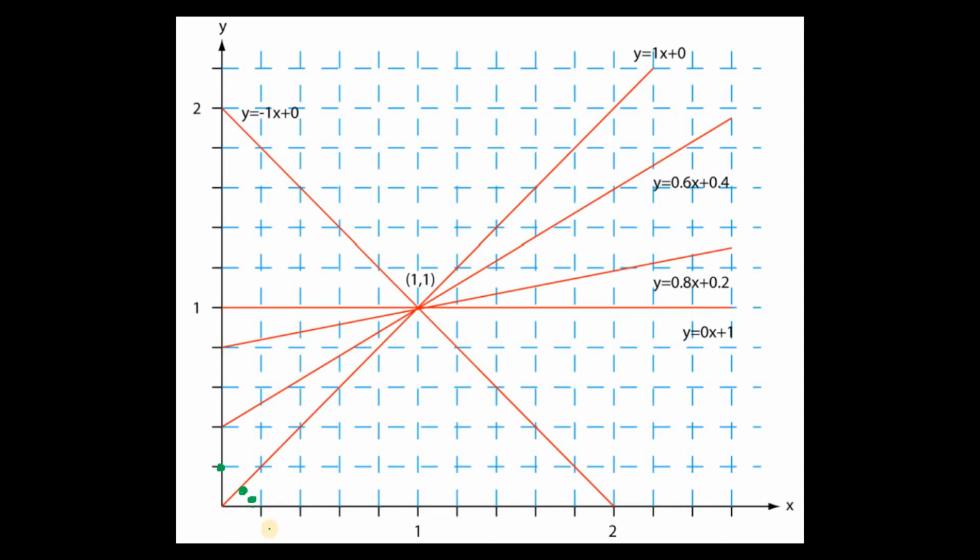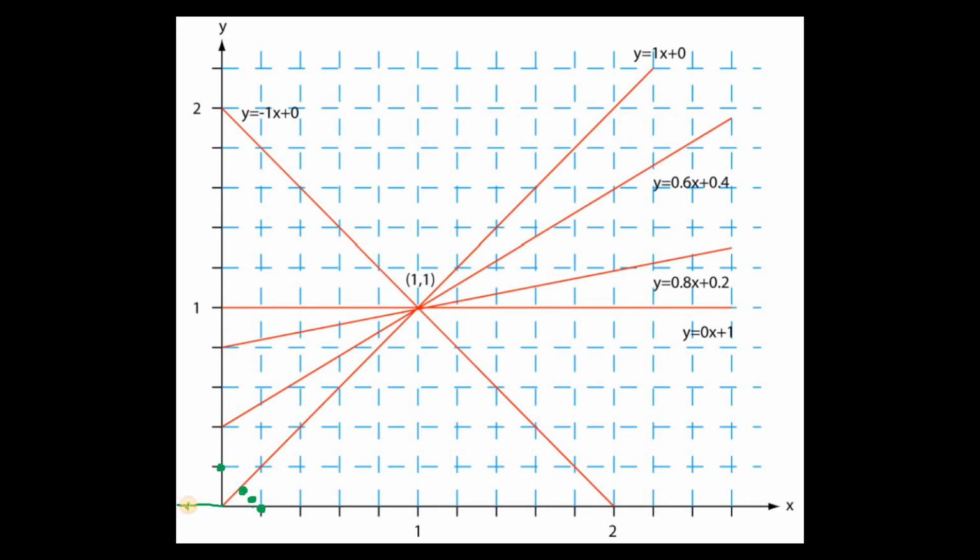And then it is m is 0 and b is 1. Okay, and can you see the pattern over here? And then this was m is minus 1 and b is 0.